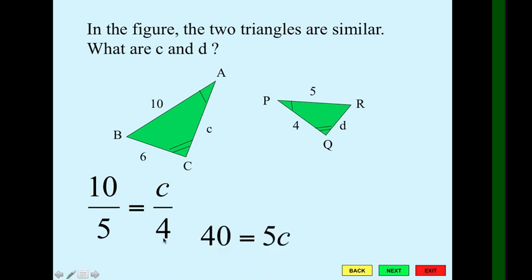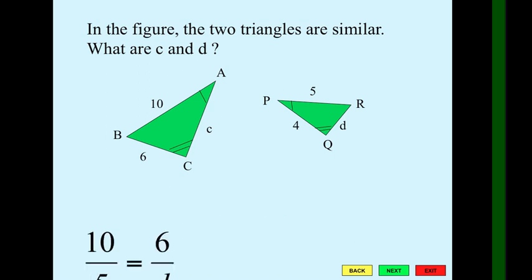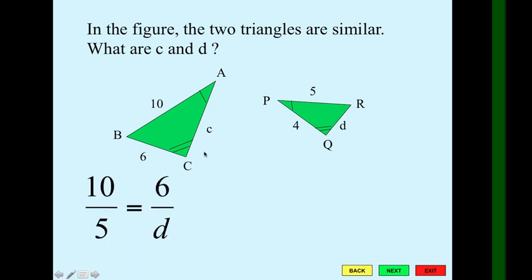So cross multiply, we have 40 equals 5c, so the measurement of c is equal to 8. For d, we have 10 over 5 and 6 over d. Okay? And then cross multiply, you have 10 times d is 10d, and 5 times 6 is 30. Divide both sides by 10, you will have 3 for the measurement of d.